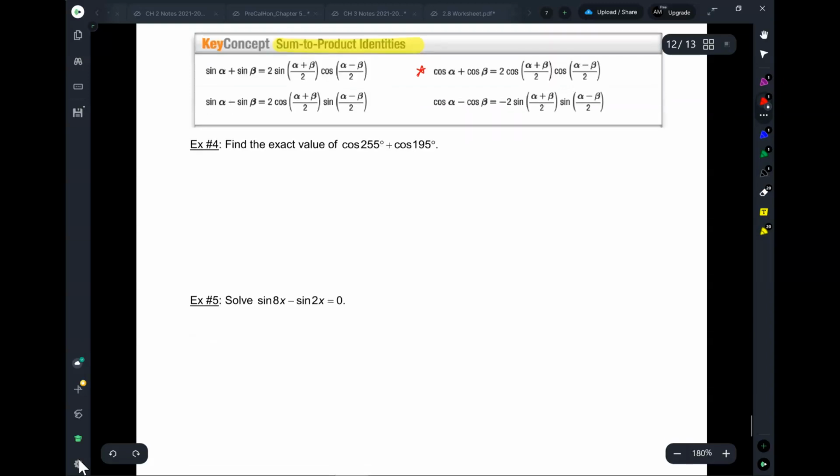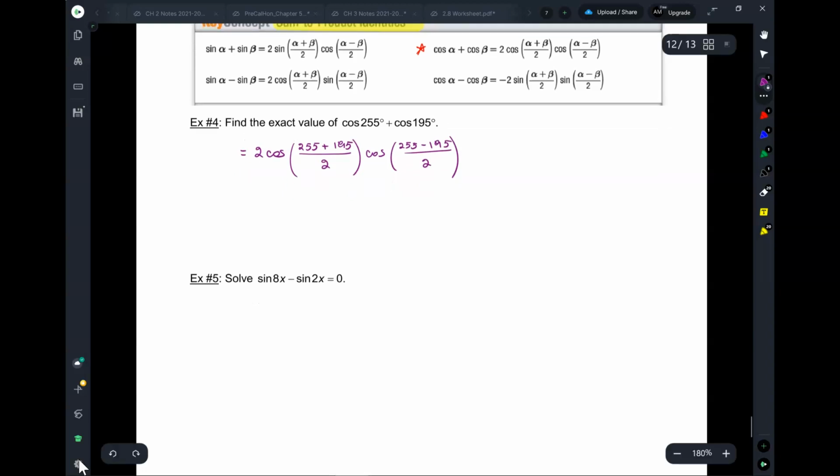So, this is going to be 2 cosine of A plus B over 2, 255 plus 195 over 2, times cosine of 255 minus 195 over 2.